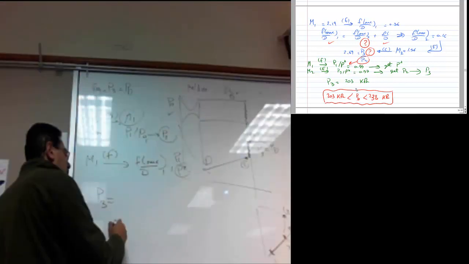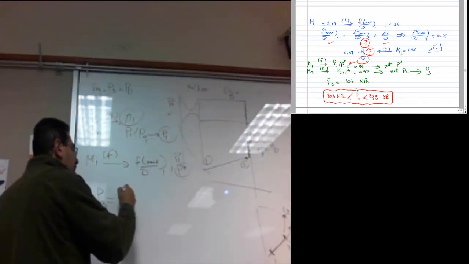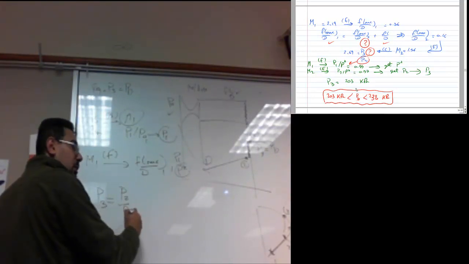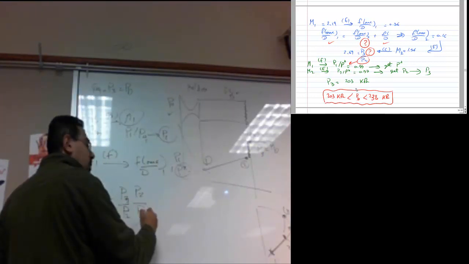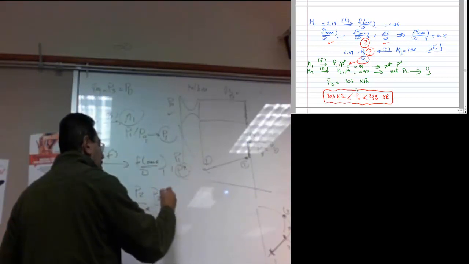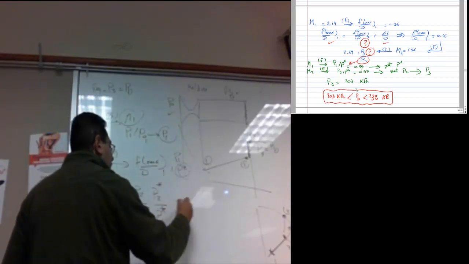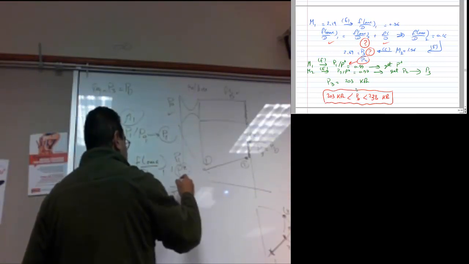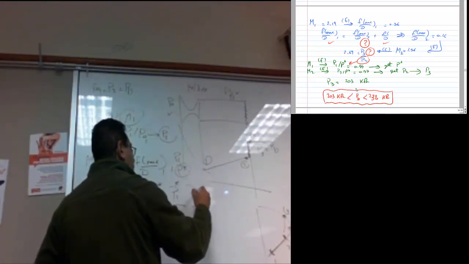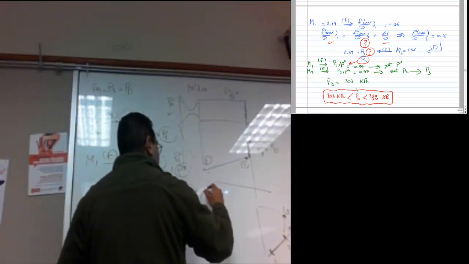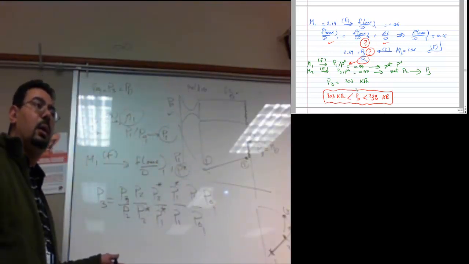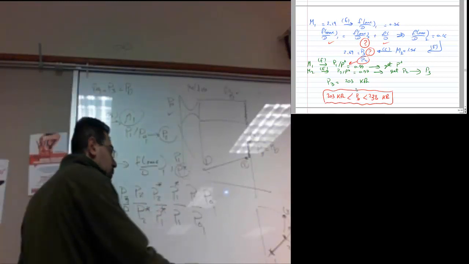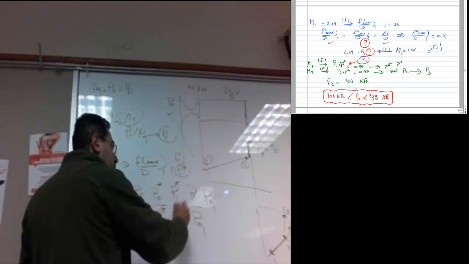So in the book he would say P3 is P3 over P2 times P2 over P2 star multiplied by P2 star over P1 star multiplied by P1 star over P1 multiplied by P1 over P naught 1 multiplied by P naught 1, which is okay, right? So what is going on?